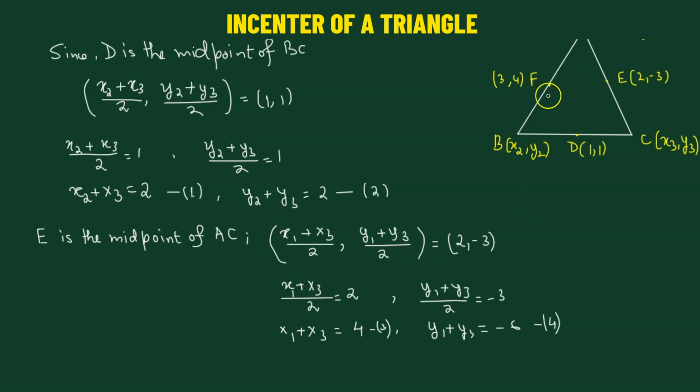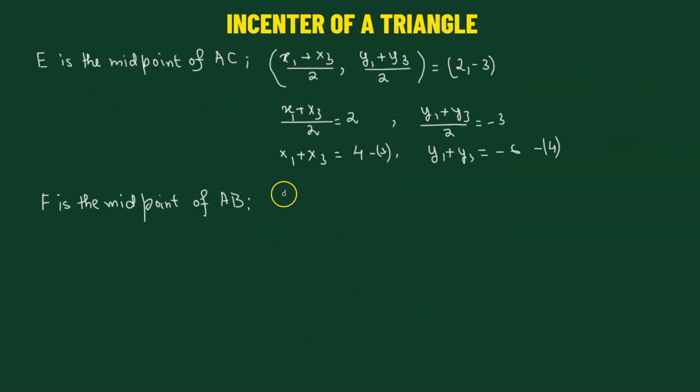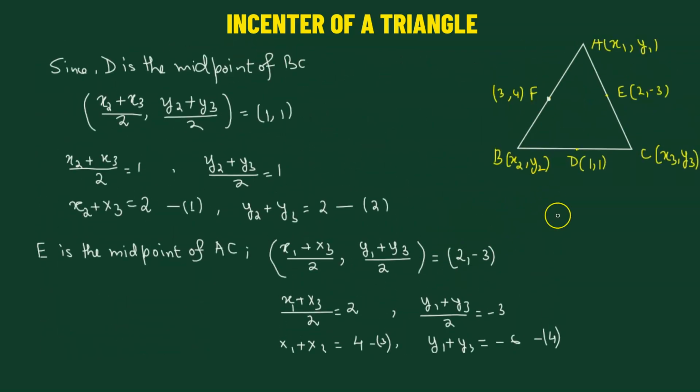Then finally, we're going to consider the midpoint F, and using the same method, we can get two more equations. So let's find them as well. The coordinates of the midpoint F will be simply the sum of the x coordinates of the endpoints, which is x1 plus x2 divided by 2, and the y coordinate will be the sum of the y coordinates of the endpoints, y1 plus y2 divided by 2, and this will be equal to the given midpoint value, (3, 4).